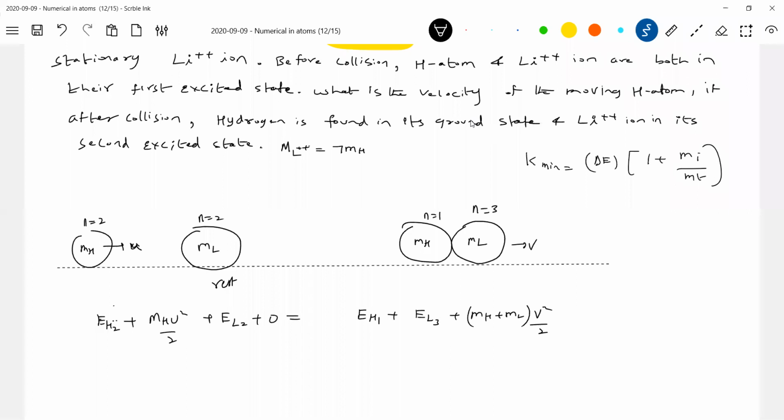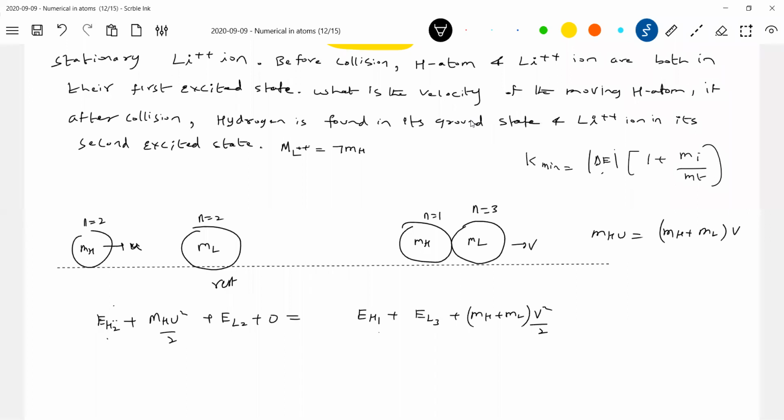Then applying conservation of linear momentum, m_h u equal to (m_h plus m_l) into v. Substitute all this energy of the hydrogen in the first excited state, you know the value of that. Substitute the specific values and solve it, you'll get the required answer. If you're unable to exactly make a guess of delta E, I think that negative sign you have to take care of here.